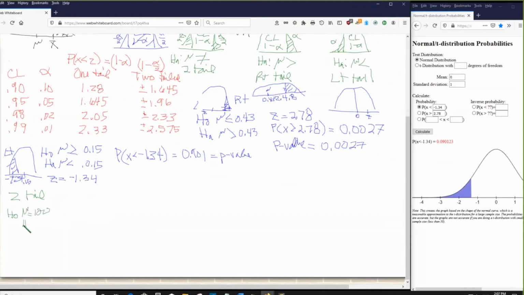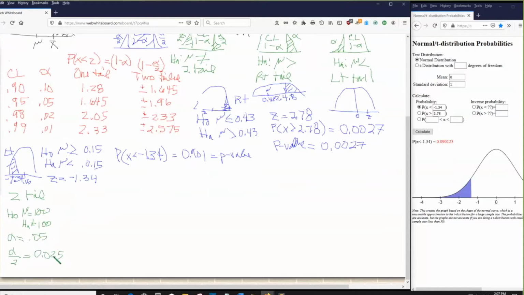The alternative does not equal 100. Given an alpha equals 0.05, alpha over 2 would give me 0.025.